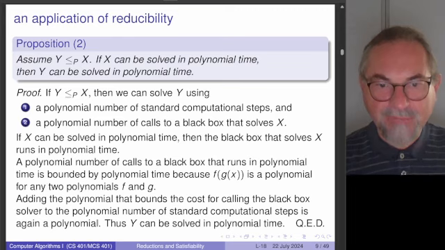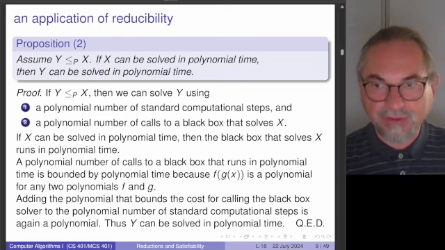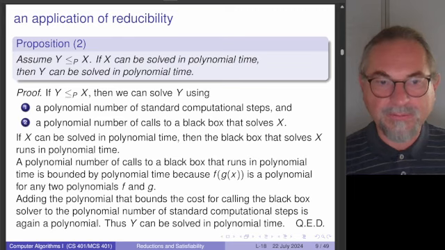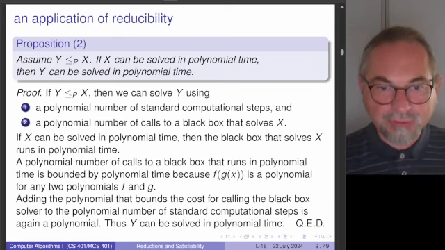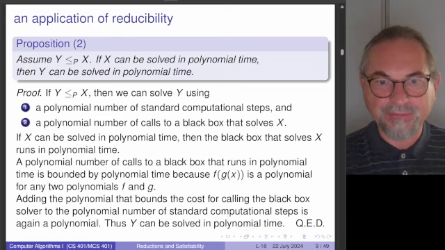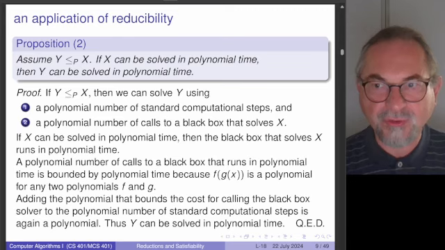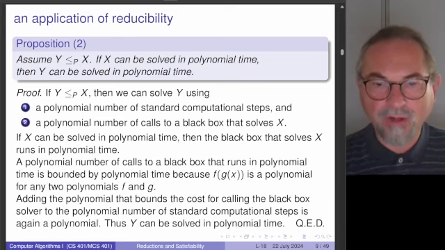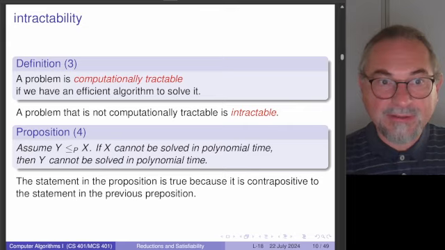That is the cost of the calls to the black box solver, and to that you add the cost of the formulation, the formulation of the input and the output. Therefore you can solve the problem y also in polynomial time. So that's very practical.